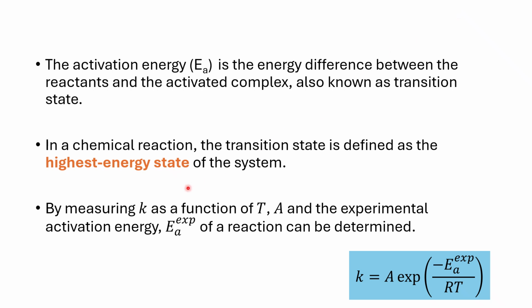If the molecules in the reactants collide with enough kinetic energy, and this energy is higher than the transition state energy, then the reaction occurs and products form. In other words, the higher the activation energy, the harder it is for the reaction to occur.